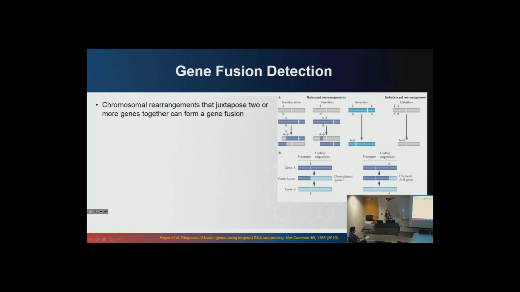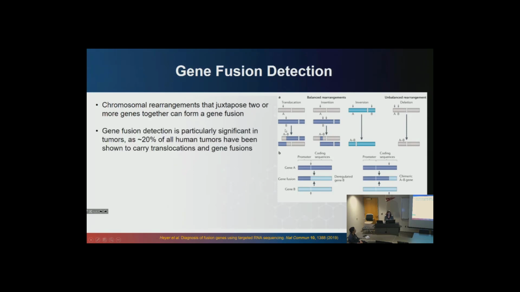Another clinically relevant piece of information that can be gleaned from RNA-seq data is gene fusion detection. Chromosomal rearrangements that bring two or more genes together can form a gene fusion, as in the case presented by Dr. Shahid earlier.